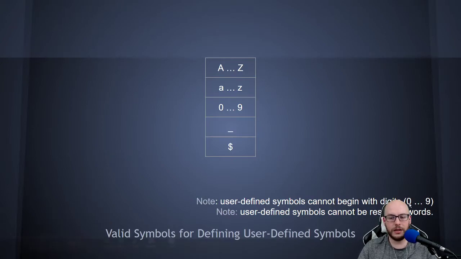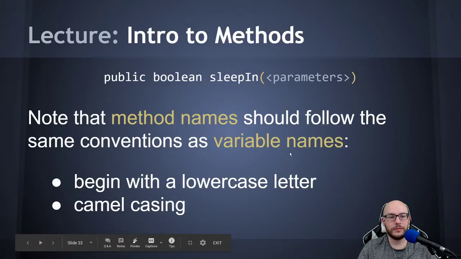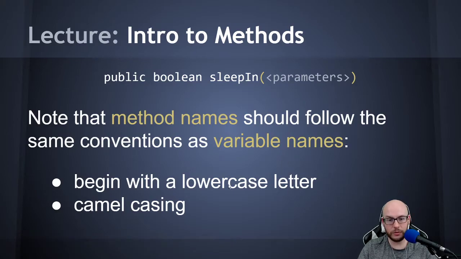A reminder that we cannot begin with a digit, and we can't use reserved words, things like public, void. Note that method names should follow the same conventions as variable names. We should start with a lowercase letter, and we should use camel casing. Here's an example, sleepIn, which is effectively two words squished together, so we're using camel casing.